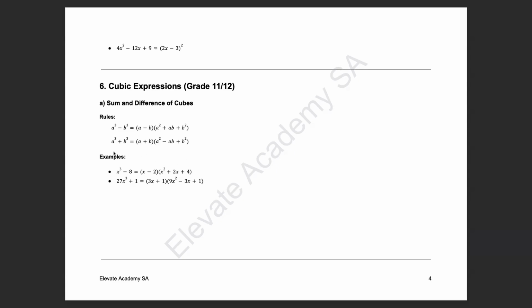So when we look at this first example, let's look at the difference that happens when we are going from our difference of two cubes into the factorized form. What we are actually doing is finding the cube root of our first term, which is A, and the cube root of our second term, which is B. And then we are squaring our first term in our second bracket, A squared.